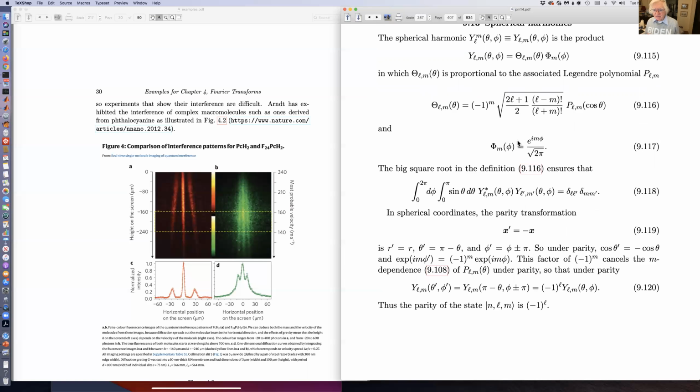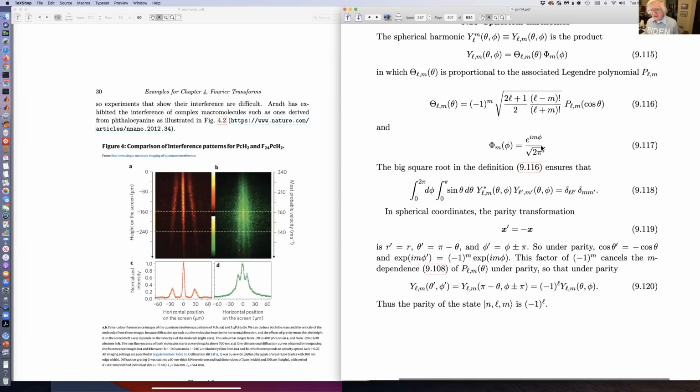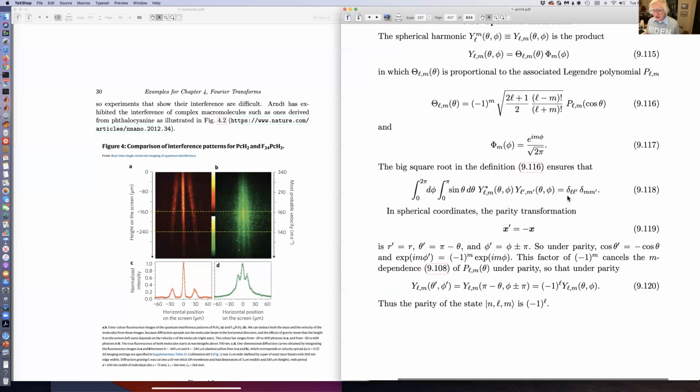So let's see. The orthogonality is this, and now we have orthogonality in L and m. And the orthogonality in m is obvious. This is just what we learned with Fourier series. And so we have delta m, m prime. The orthogonality in L is what we learned a moment ago, namely that the weight function was unity for the associated Legendre polynomials.